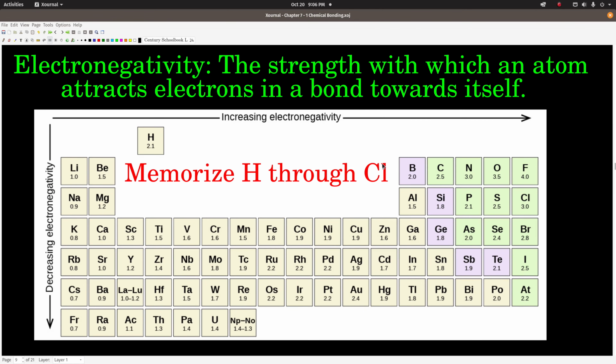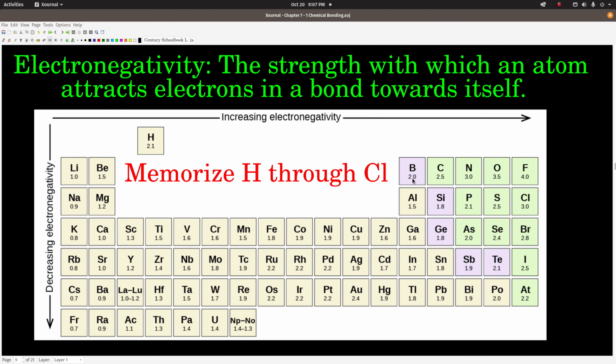The next topic is electronegativity, and this is a definition. It's the strength with which an atom attracts electrons in a bond towards itself. So you have two atoms attached to each other, and there's basically this tug-of-war going on. Each atom on each side of that bond is trying to attract the electrons that are in that bond towards itself. And we have this scale.